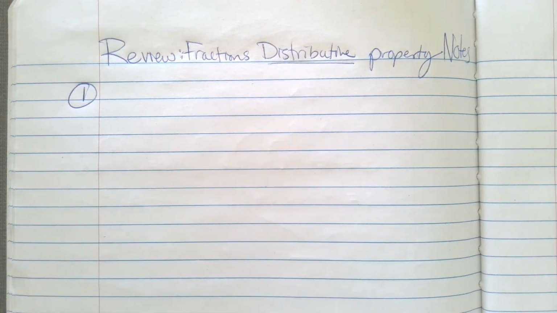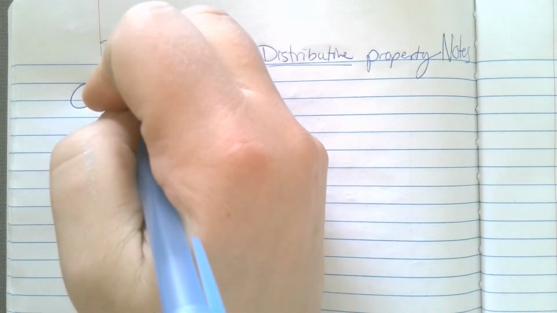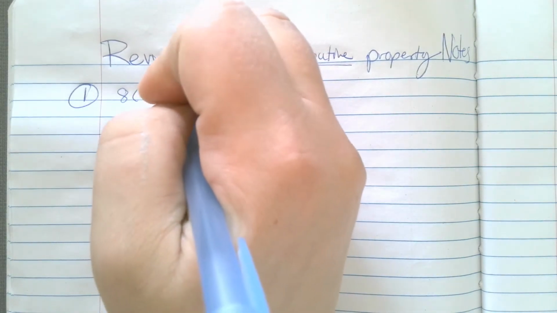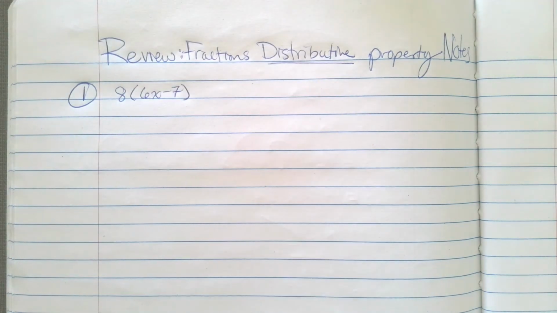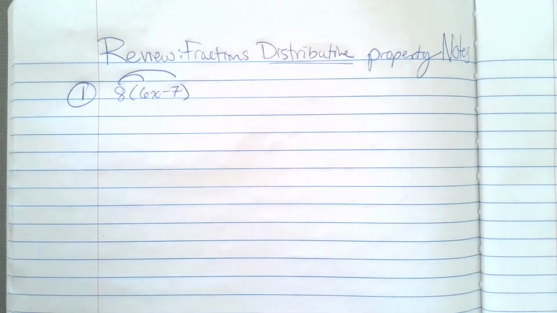Okay, if I gave you this, what would we do? Diego, what's my first step? Distribute, exactly. Just multiply and multiply.